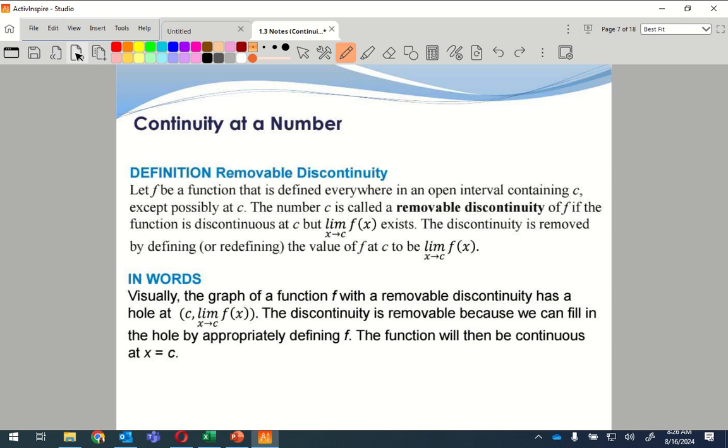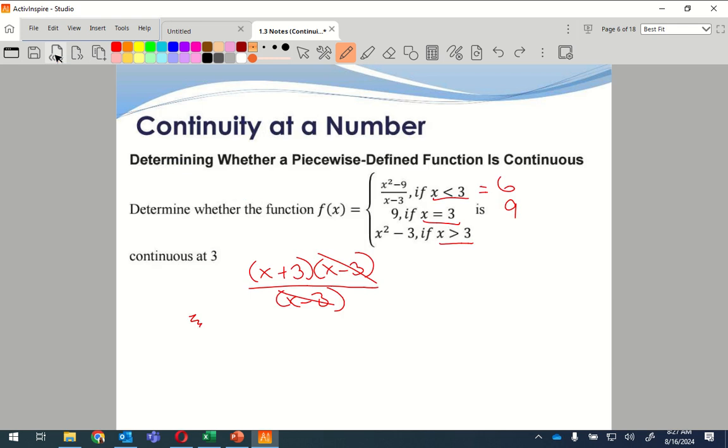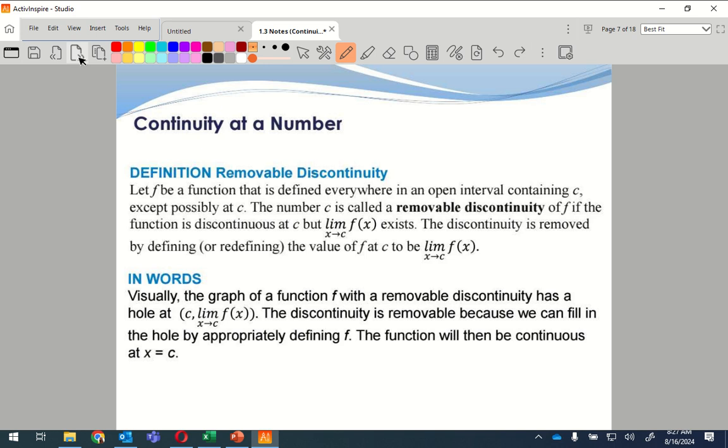The number c is called a removable discontinuity of f if the function is discontinuous at c but the limit exists. The discontinuity is removed by defining or redefining the value of f at c. That's what we did right there. It gives me a hole in my graph. By definition, it is a removable discontinuity.